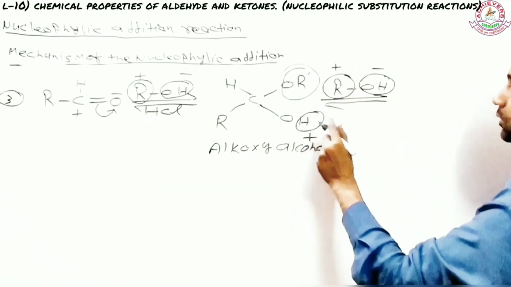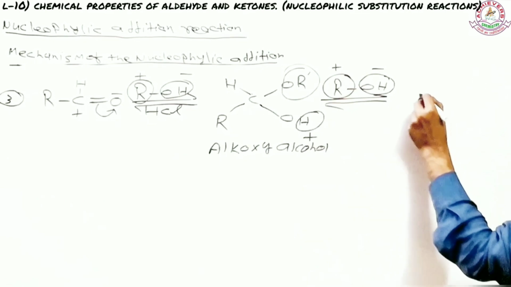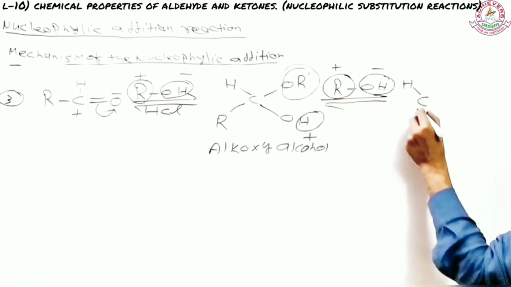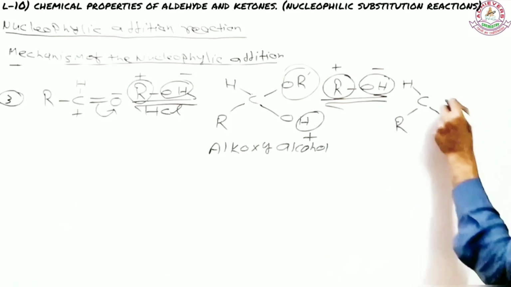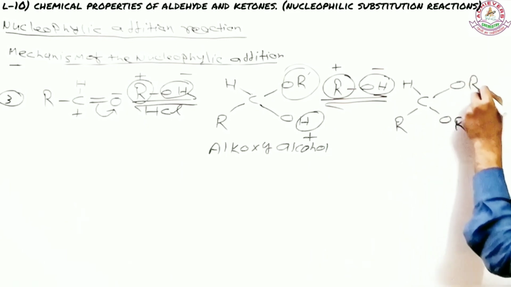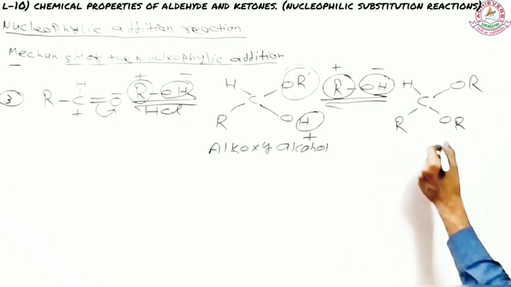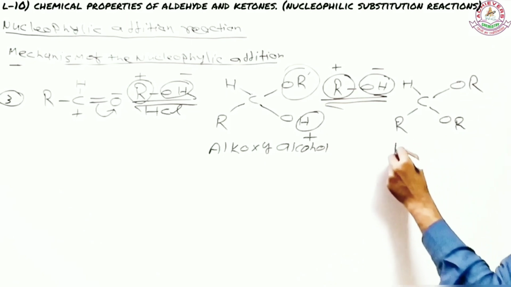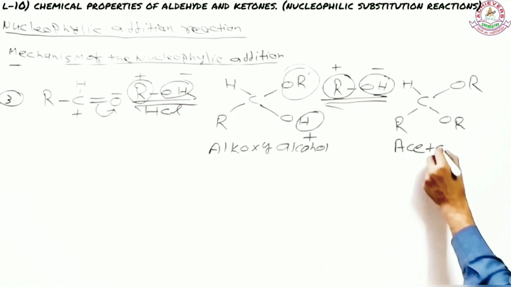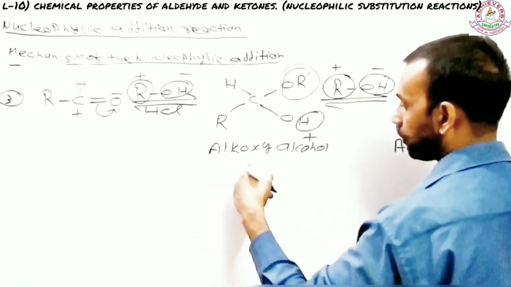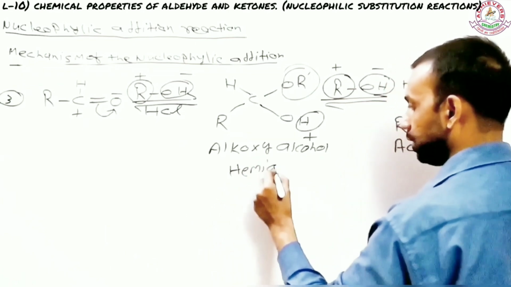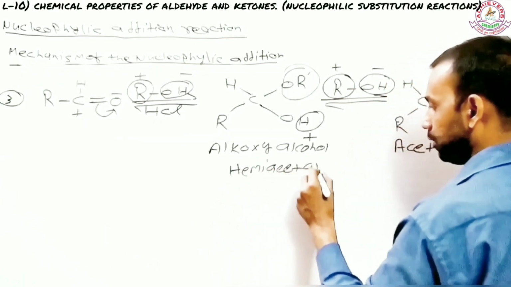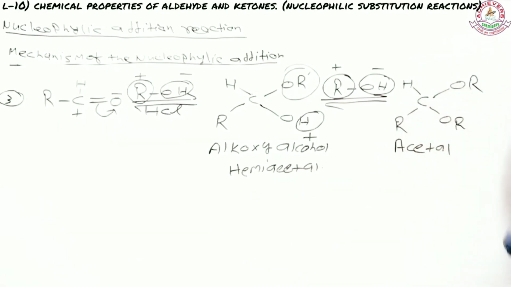So this positive will displace the hydrogen, and therefore you get your product, hydrogen, and this is called alkyl group. There you have OR, and there you have OR again. This product is called acetal, while the alkoxy alcohol is also called hemiacetal. Right? So this is how the addition reaction with the alcohol takes place.